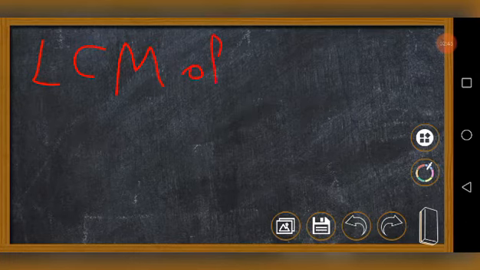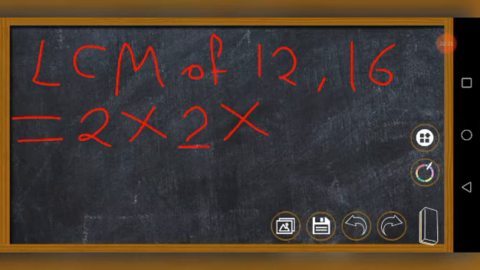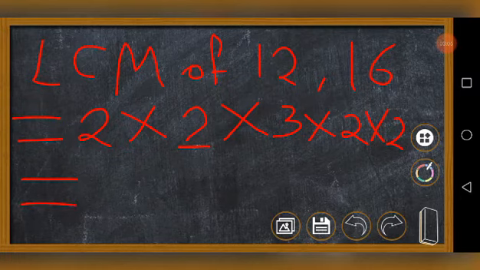Now LCM of 12 and 16 equals 2 times 2 times 3 times 2 times 2, so equals 48.